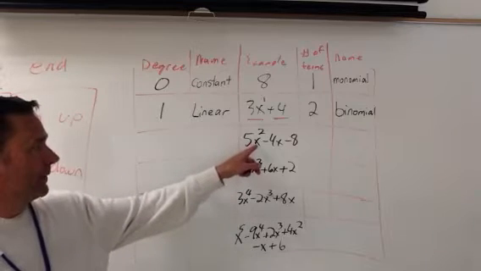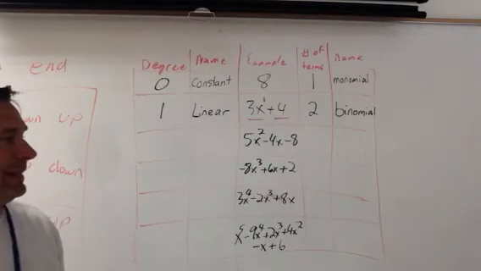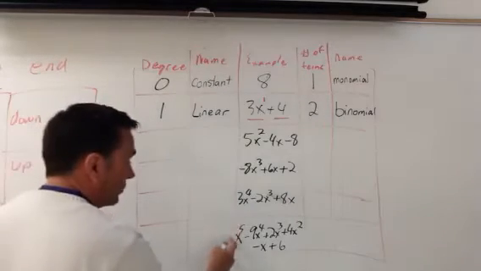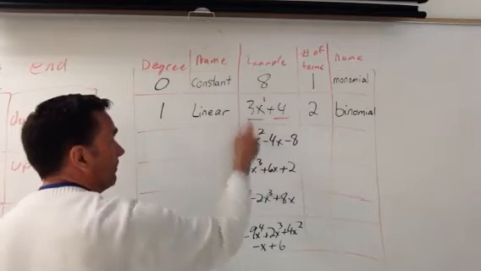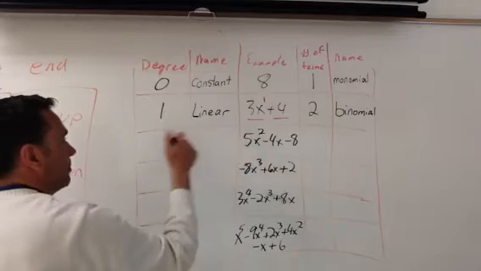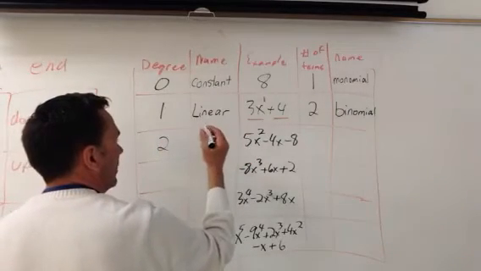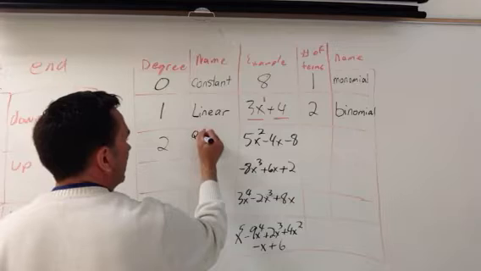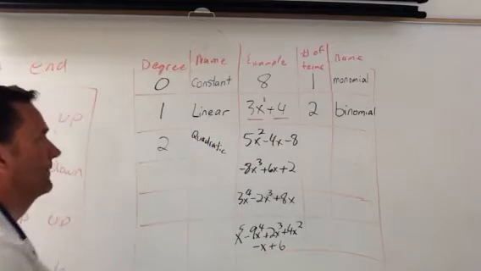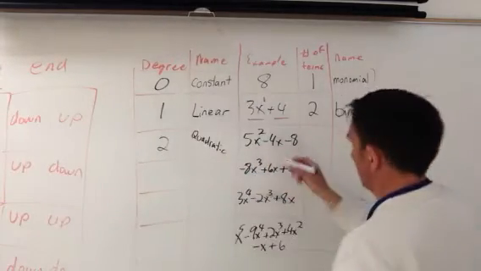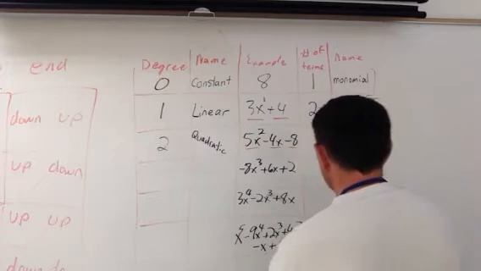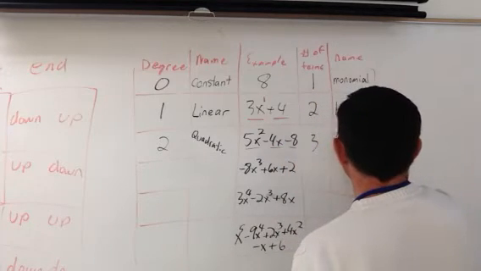The next one, and if you notice, all of these are written in standard form. It's important to look at that, because we're always looking at the leading term when identifying all these. Highest exponent is 2. We studied quite a few of these recently. These are what we call quadratics. There's 1, 2, 3 terms here. 3 terms makes this a trinomial.